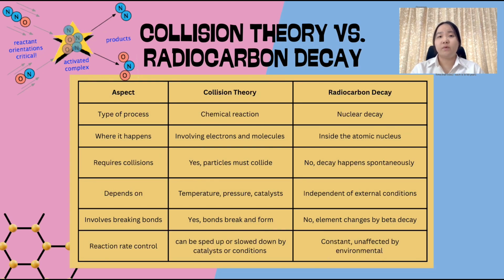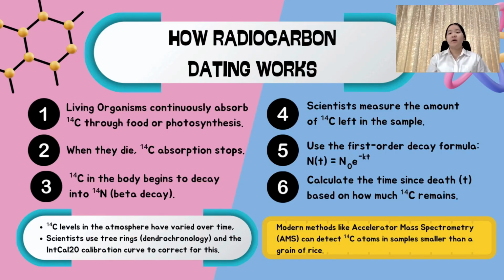This decay happens spontaneously at a constant rate no matter the temperature, pressure, or presence of catalysts. In short, chemical reactions rely on particle collisions and conditions, but radiocarbon decay is a steady nuclear event unaffected by any external factors.